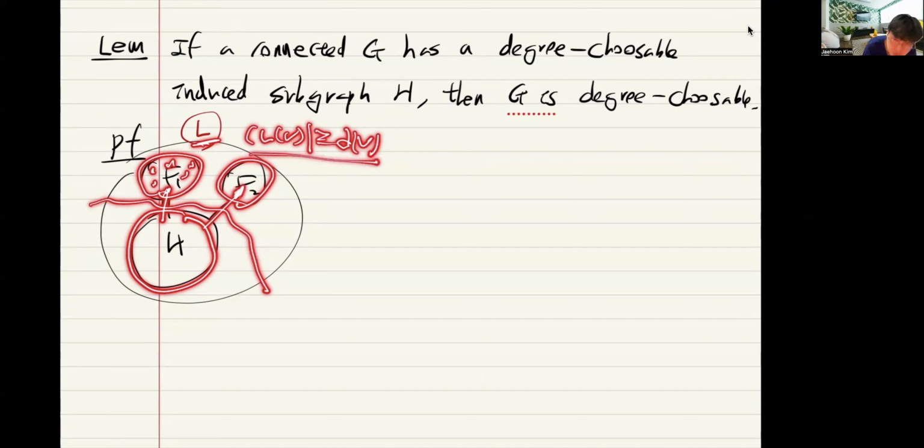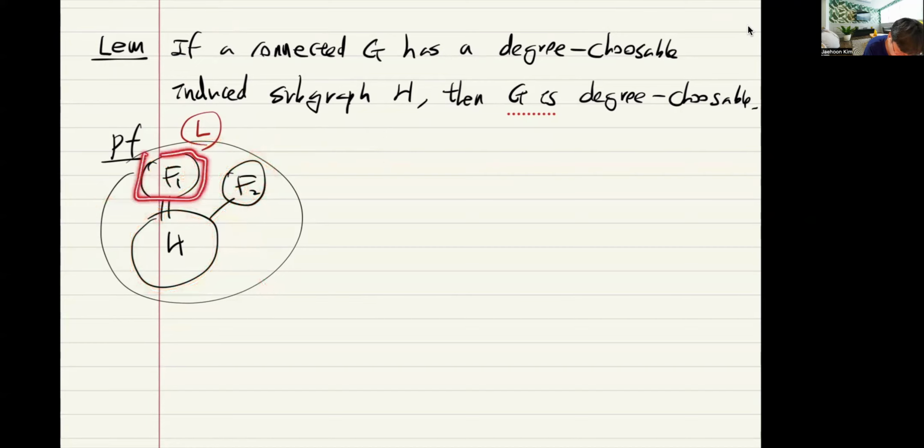But now what happens for these vertices? This vertex sends out some edge. That means inside of this component, it has vertex degree lower than before, because it is sending one edge out, which disappears.